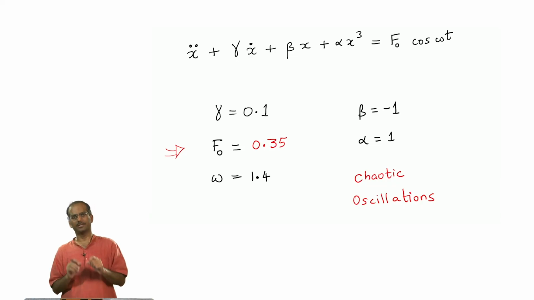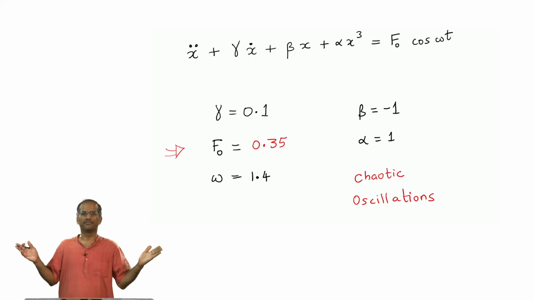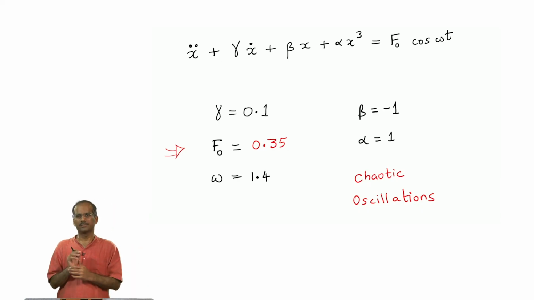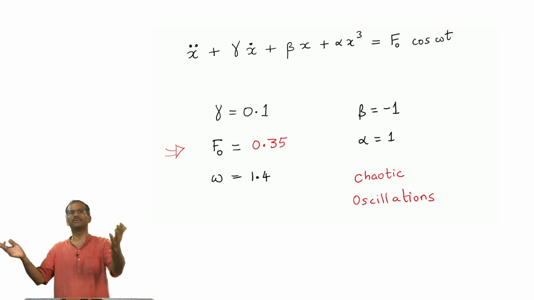Take two initial conditions and look at the trajectories as a function of time. Initially they will tend to go together or close by for a certain amount of time, but after some time they are completely two different trajectories. So, this is one of the ingredients of chaos, that it shows extreme sensitivity to initial conditions. If the initial conditions are even a little bit different from one another, the outcomes after a certain amount of time are going to be very different.